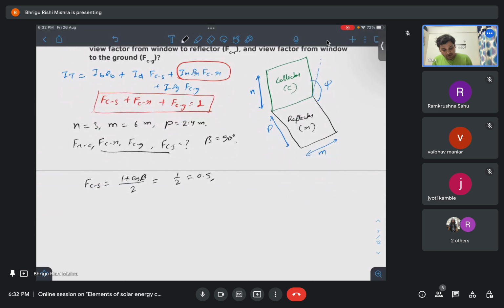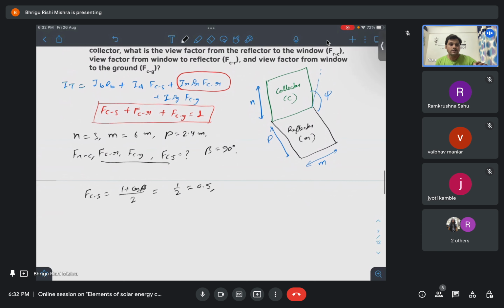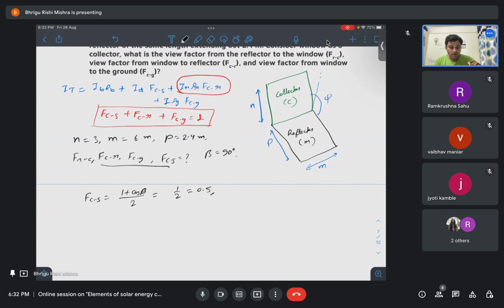For this, like in the lecture it was shown that there is a chart to calculate FRC, the view factor from reflector to the ground.